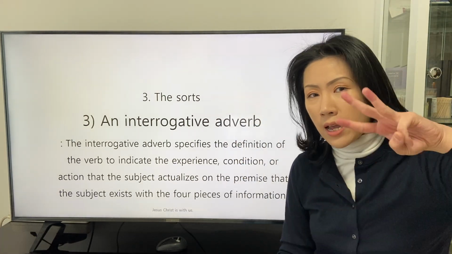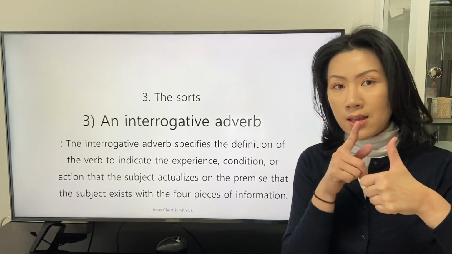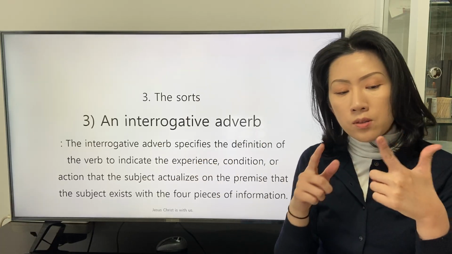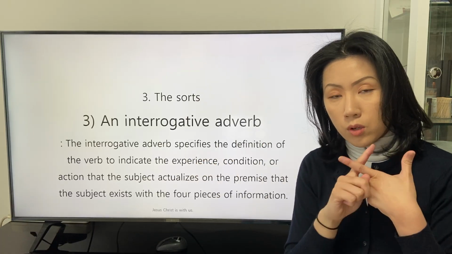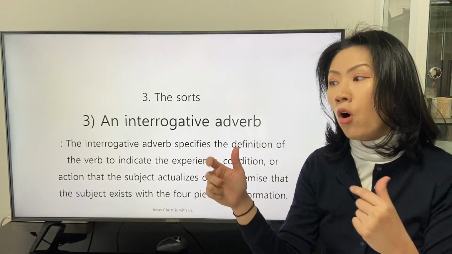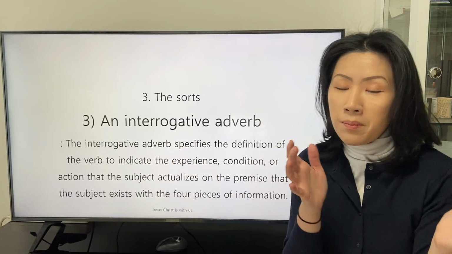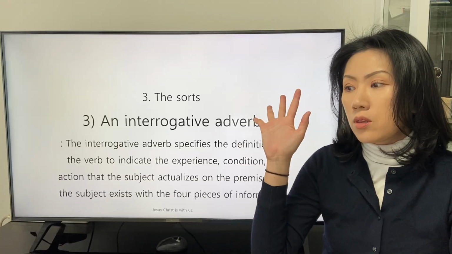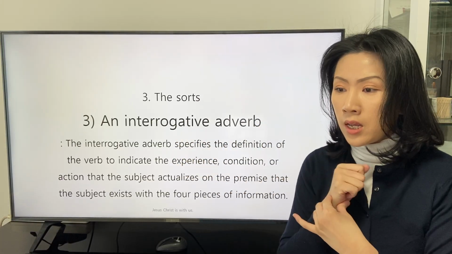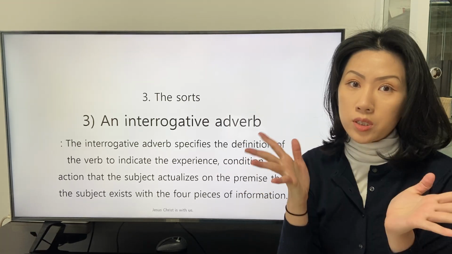There are three types of descriptive words. The first one is a verb that describes a subject of a clause. And the second descriptive word is a determiner or an adjective. A determiner describes the subject or the object in the clause in a limited way, in a limited definition of each word.